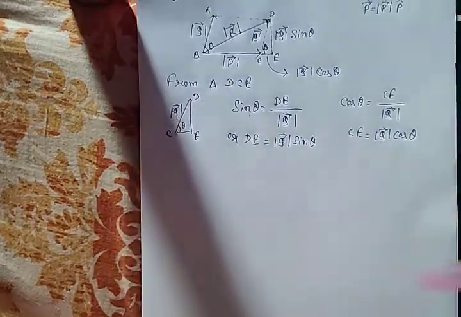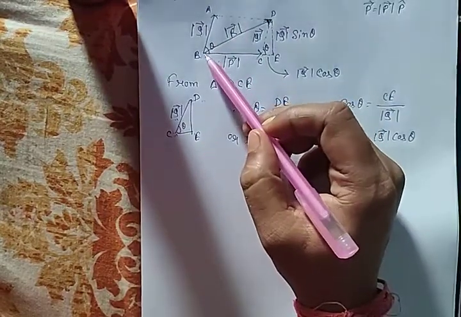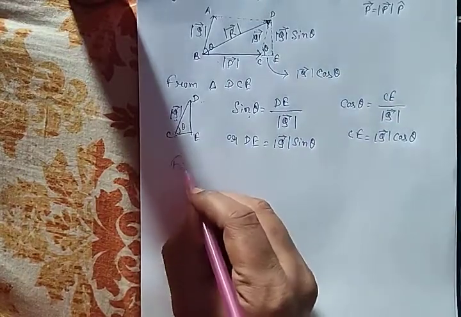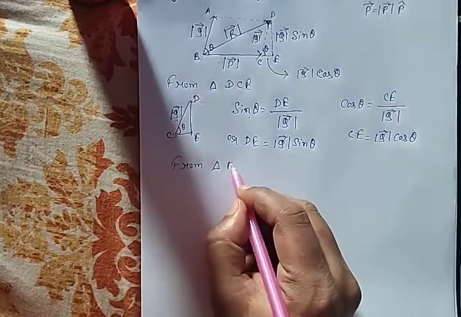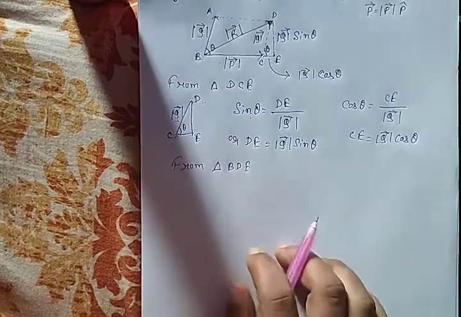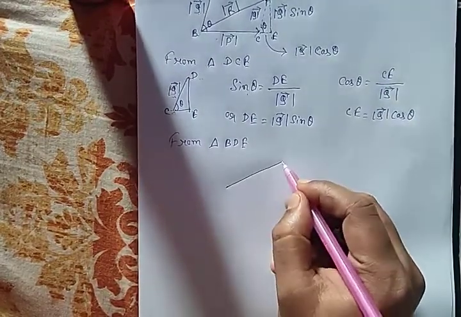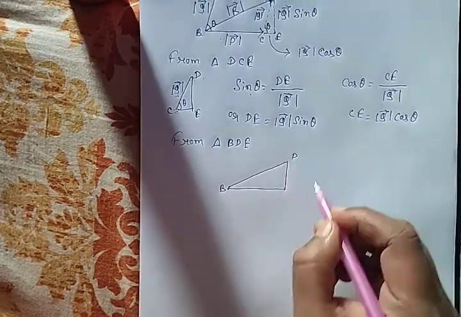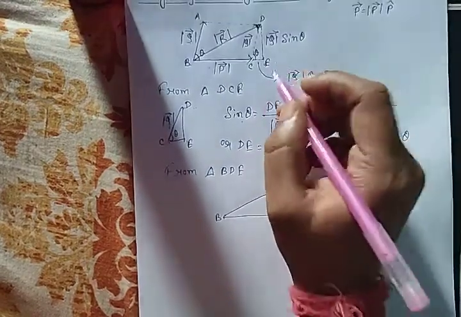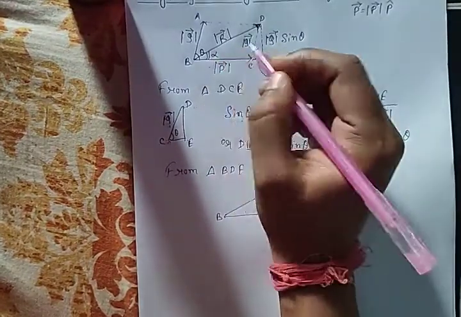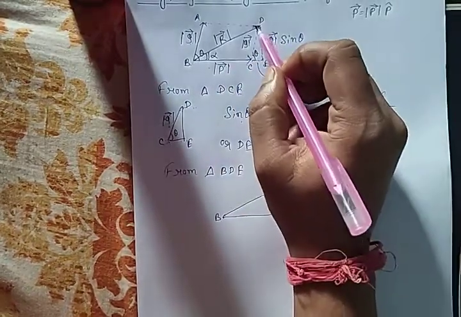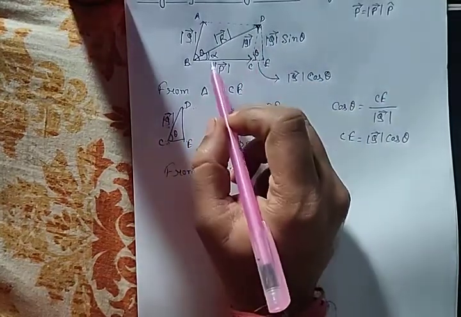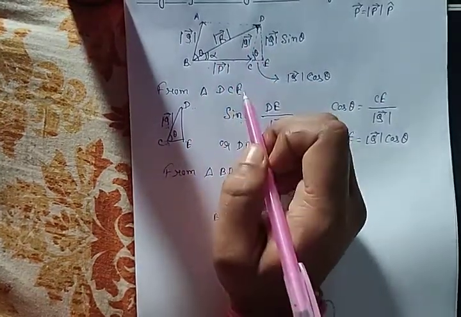Okay. Now the final thing. In the last case, we will consider this triangle BDE. Let me draw this triangle again. This is B, this is D, this is E. Suppose this angle is alpha. What is the angle alpha? Alpha is the angle between the resultant vector and the P vector.